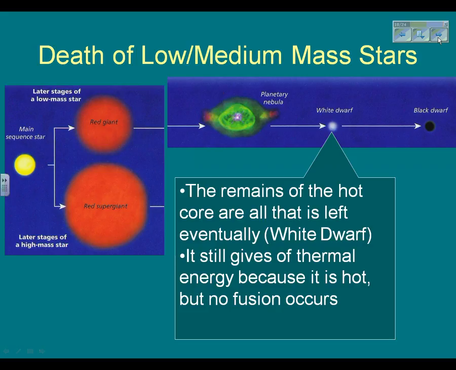It's small. Just like we talked about before, the red giant gives off a lot of energy not because it's hot, but because it's big. The white dwarf, which is the core of a star that's left over, is really hot, but is it giving off a lot of energy? No, because it's real small.